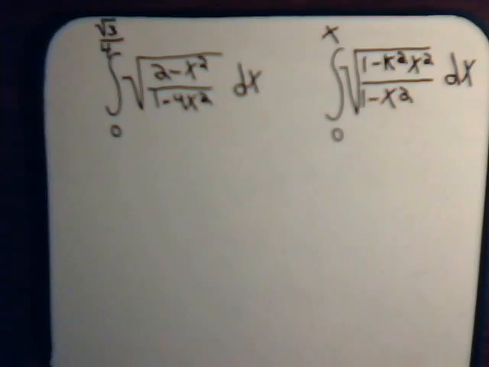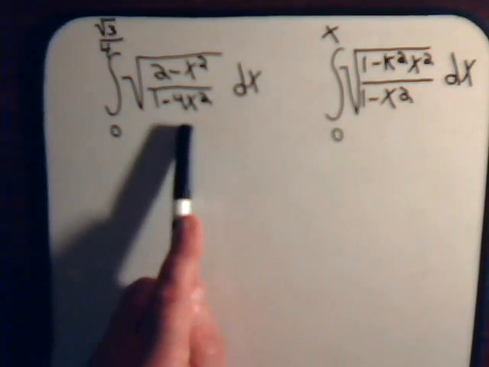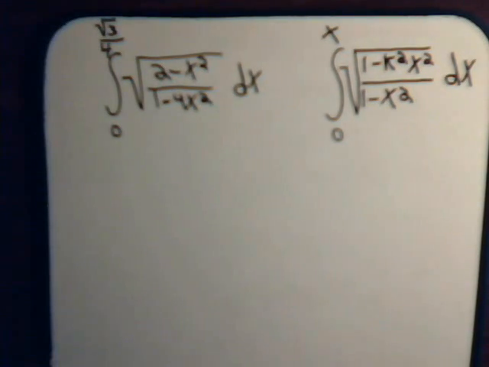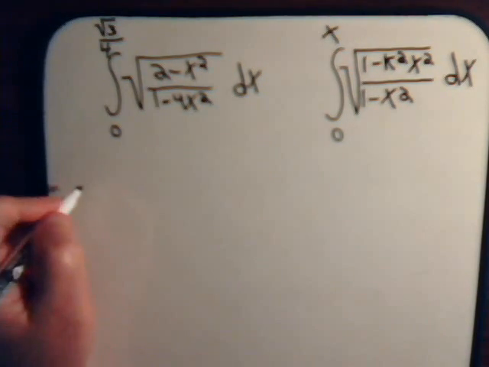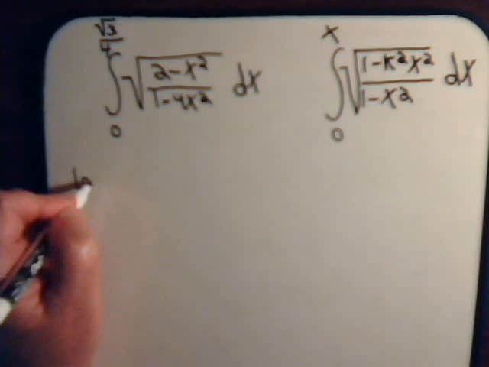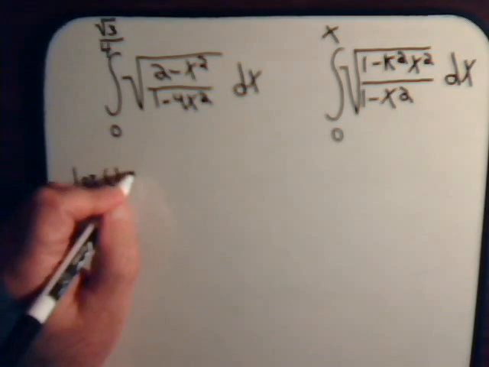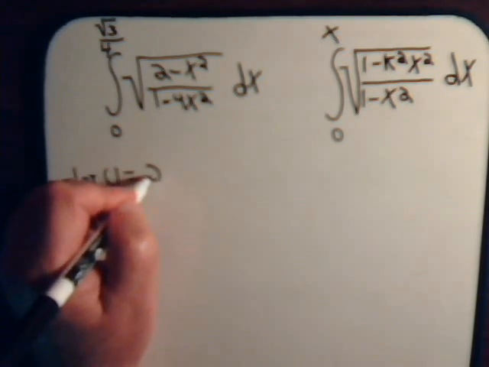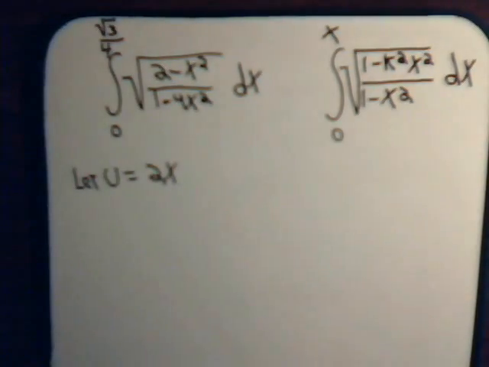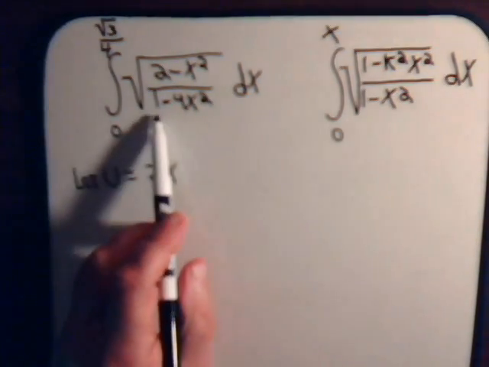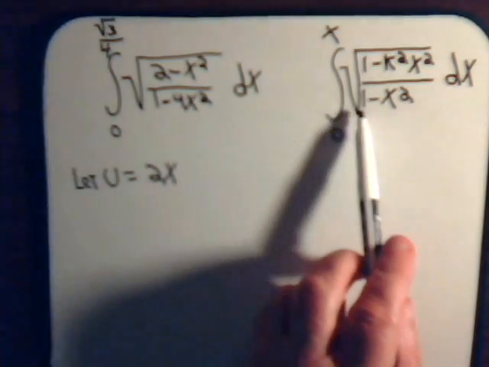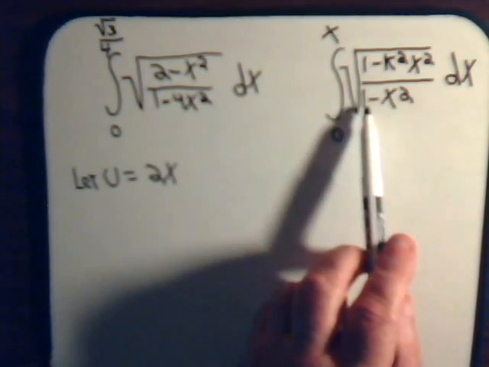So here, for this video, we want to get this integral into this form. And we see that maybe if we take the square root of this, call it u, so let u equal 2x, then we'll have 1 minus u squared down here. That'd be the same general form as this.